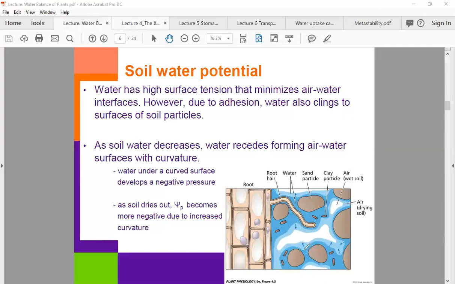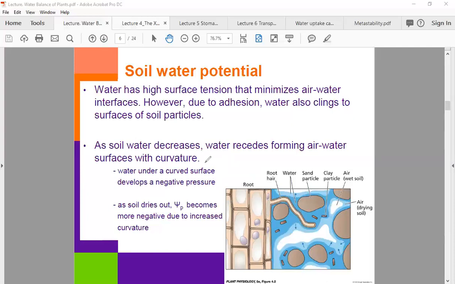You can see that here, as the water recedes into these channels, into the spaces between the particles, because the water clings, it adheres to soil particles. Because of surface tension and the adhesion properties, we end up with these curved air-water interfaces. What does that mean? Water under a curved surface develops a negative pressure.